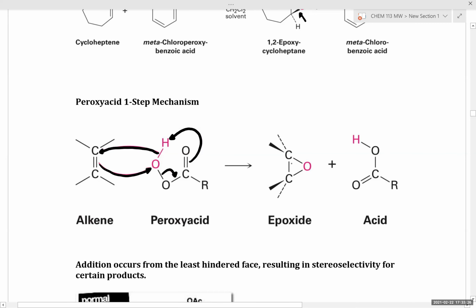This yields an epoxide and a byproduct acid. This mechanism should be familiar if you've taken 112, as this was covered as part of the alkene reaction section in 112. Any questions so far on the mechanism for this reaction?